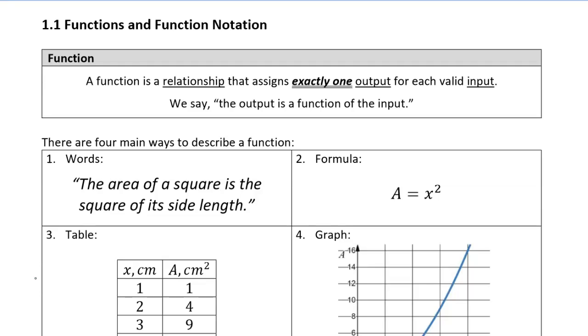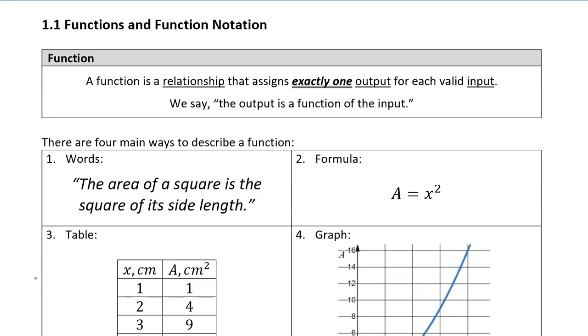And a function is, first of all, just a relationship, but it's a particular kind of relationship. It's a relationship that assigns exactly one output for each input. Like when you go to the grocery store and check out, if you buy 2 loaves of bread, you scan the same item with the same barcode, it's going to ring up at the same price.